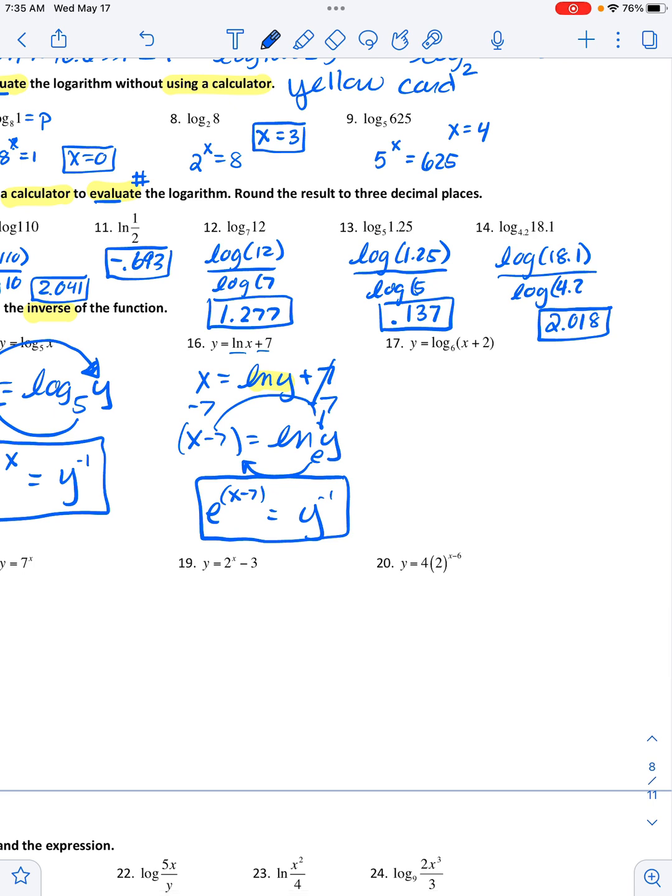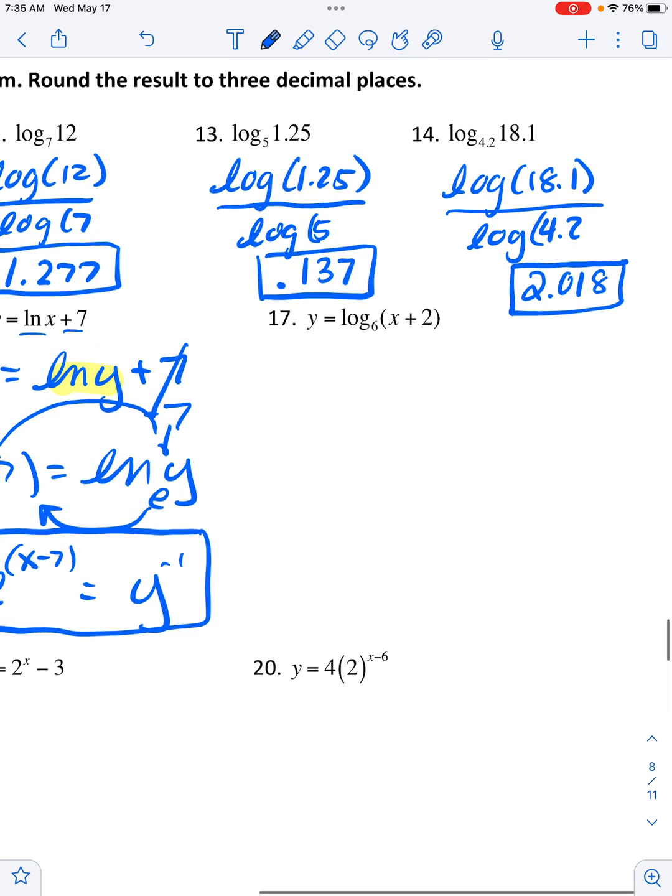Looking at this one, I have a +2 in the problem, so I expect to have a -2. And I also have log base 6, so I expect to have a power base 6. Put the x where the y was, and the y where the x was. And then, even though the y has a +2, it's in the parentheses, so I can't do anything about it.